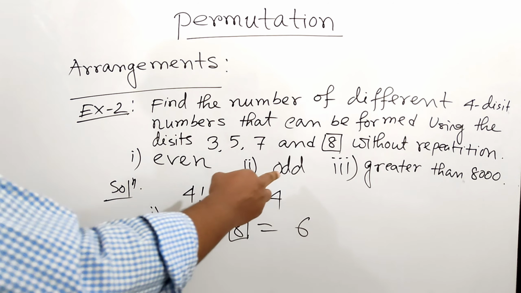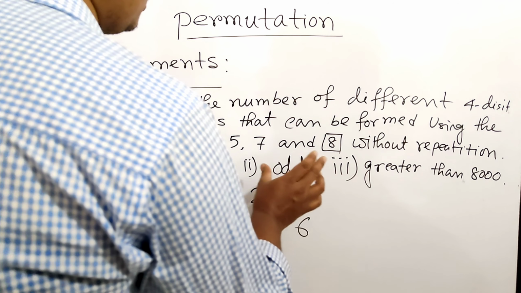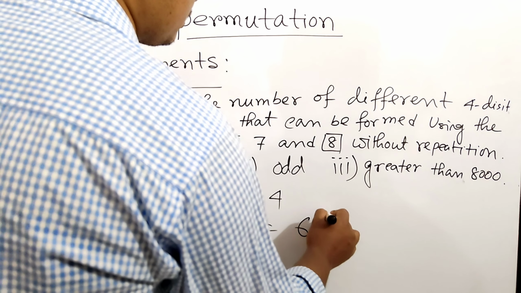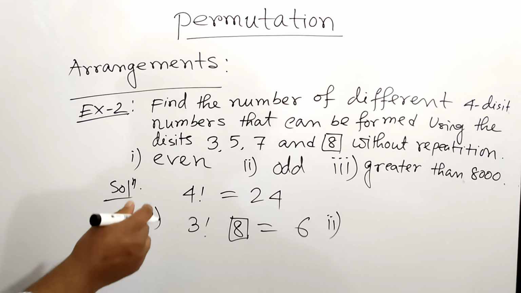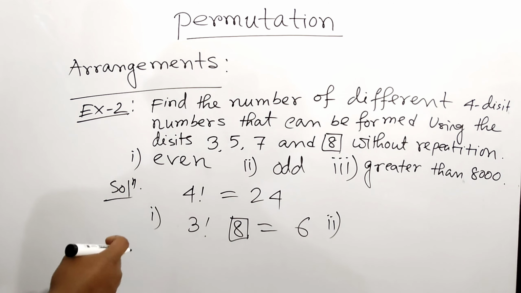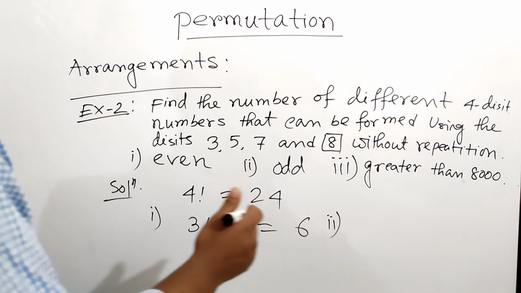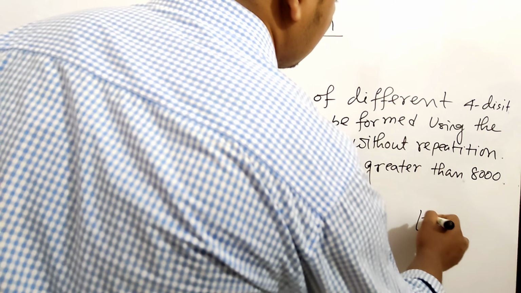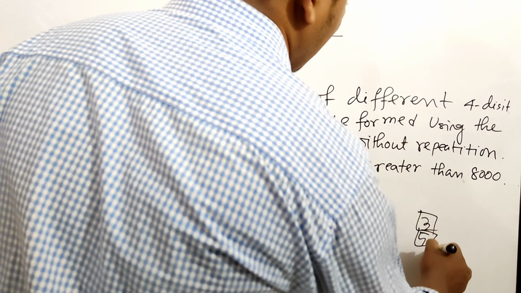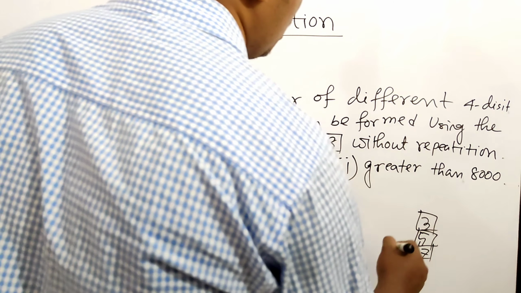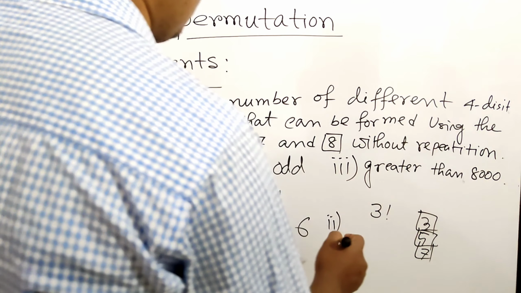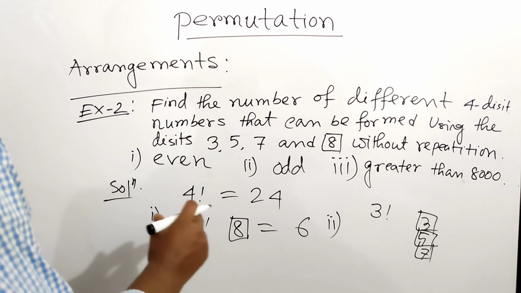Okay, now odd numbers. Condition number 2: odd number. Look, there are 3 odd digits out of these 4 digits. You can keep 3 at the last position, you can keep 5 at the last position, you can keep 7 at the last position. If you keep 3 at the last position, it should be 3 factorial, because the remaining digits are 3.